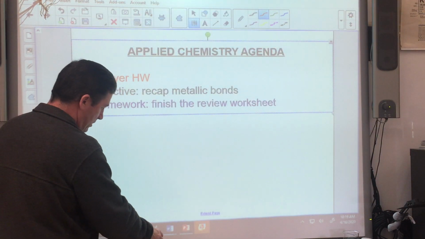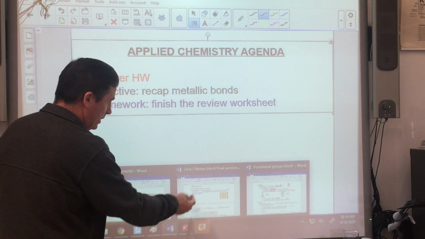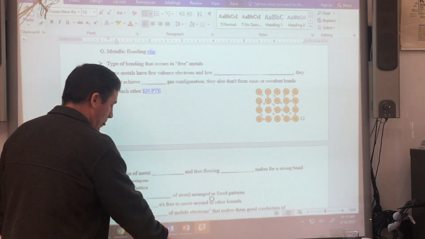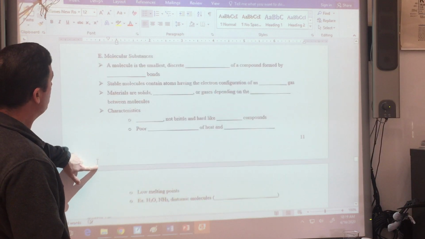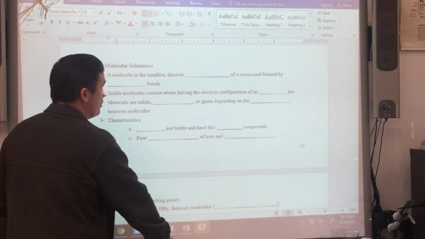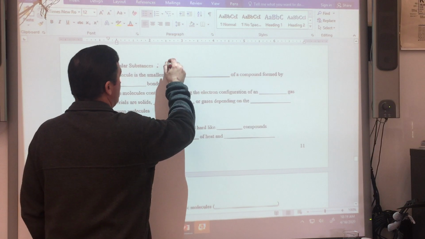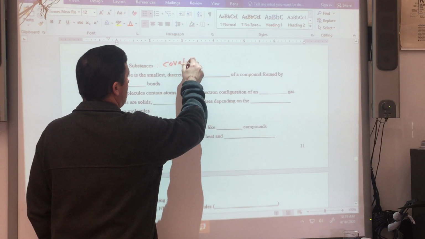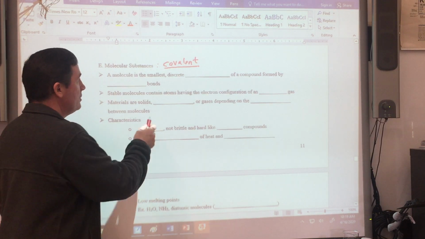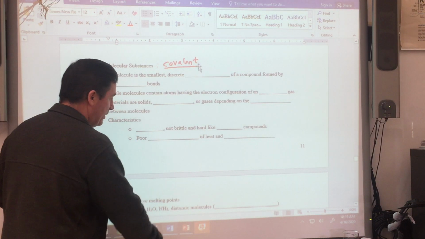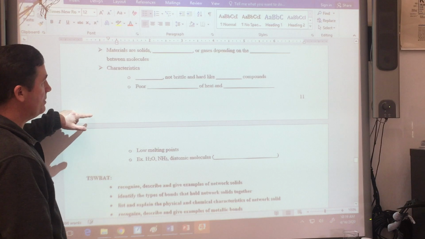And just very quickly, we will recap. Two things we hit yesterday were molecular substances. Remember, molecular substances are put together by covalent bonds. They're covalently bonded. They are soft, not brittle, compared to ionic substances.